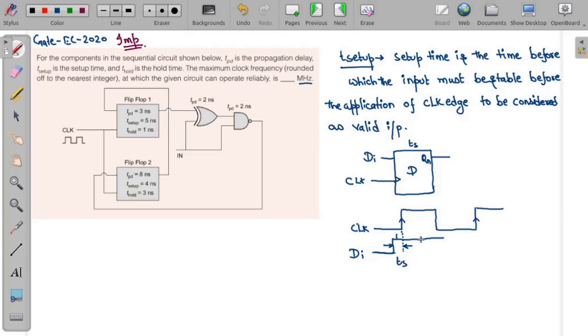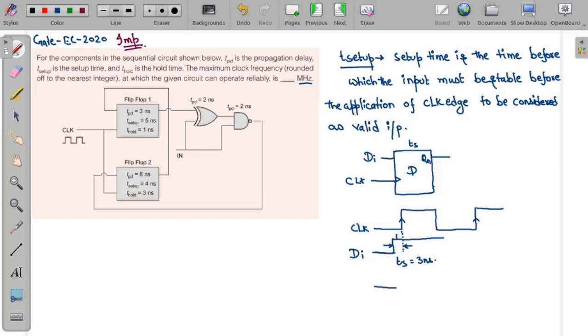Suppose if I take a numerical value, suppose here Ts is 3 nanosecond. Okay. So if Ts is 3 nanosecond, this input should have transitioned from 0 to 1 3 nanosecond before the active clock edge.